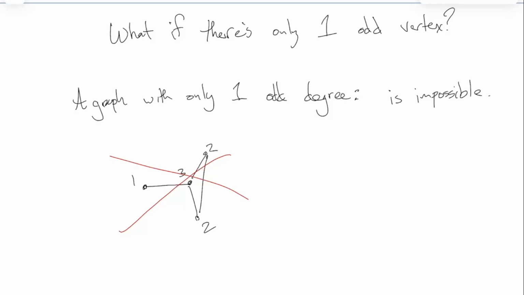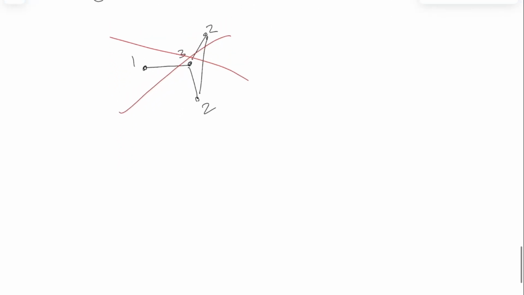So this is the appropriate way to think about this. I will tell you what the theorem says first, and once it's explained, it's not very complicated. This is Euler's sum of degrees theorem.